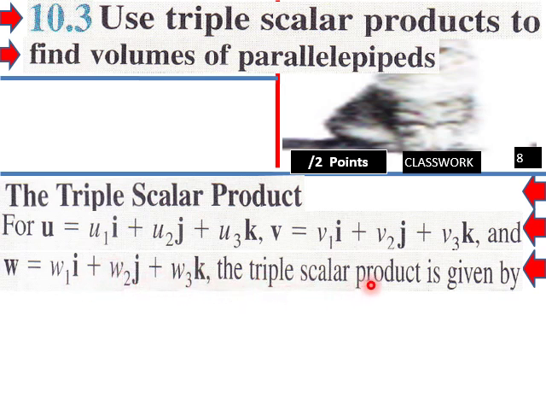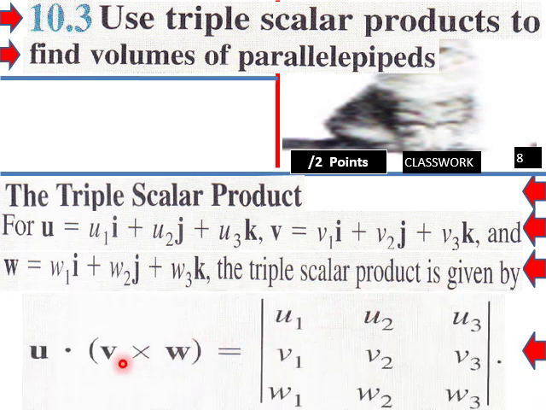The triple scalar product is given by, and here it is, u times v times w. And then this would be your matrix setup for that: u1, u2, u3, v1, v2, v3, w1, w2, w3 down here.